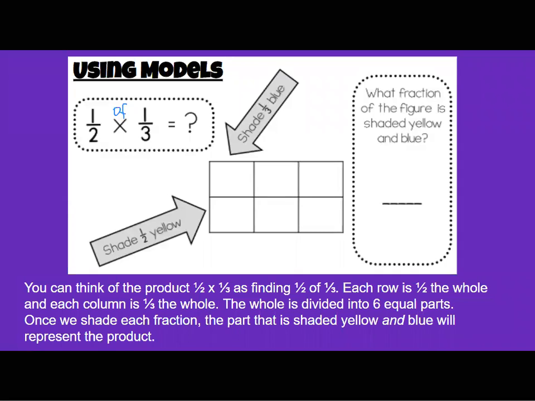So let's start shading so we can see a little better what we're talking about. We're going to begin by shading 1/2 yellow. Like we said, each row is equal to 1/2, so we want to shade one of these rows to represent 1/2 of the whole. All right, so there we have 1/2 shaded yellow.